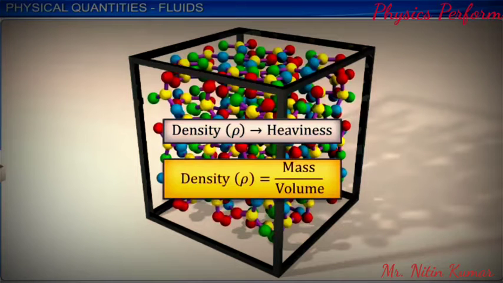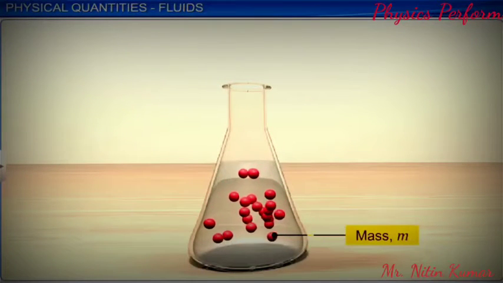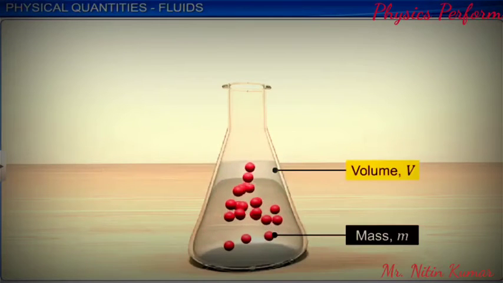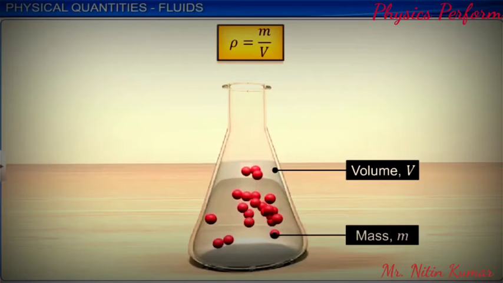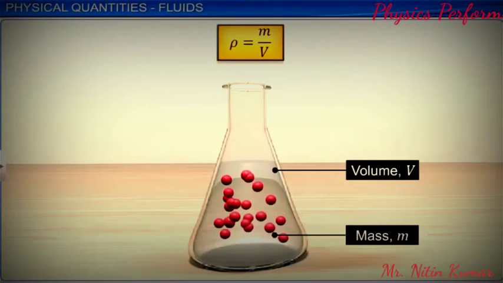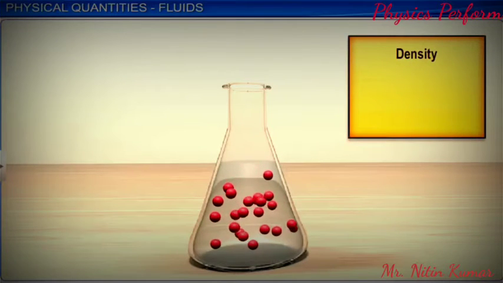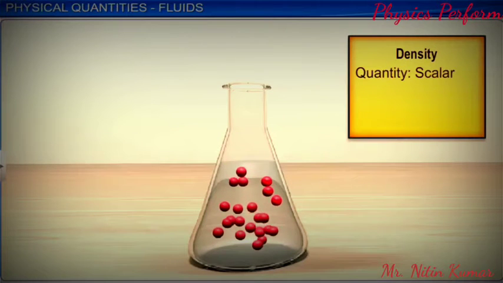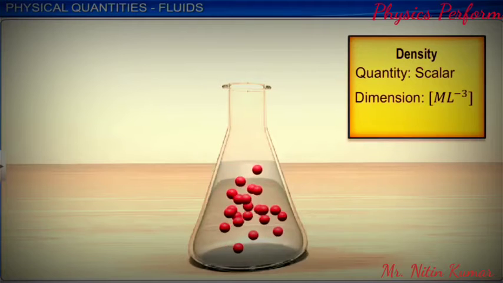Density of a fluid of mass m occupying volume V is represented as the ratio of m to V. As mass and volume both are scalars, density is a scalar and its dimensions are ML power minus 3. In the SI system, density is measured in kilograms per cubic meter.